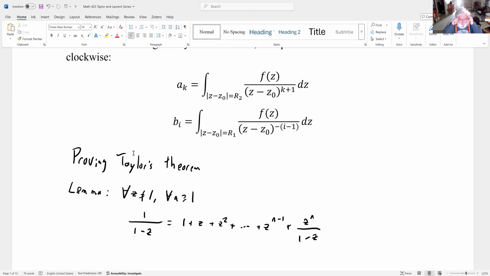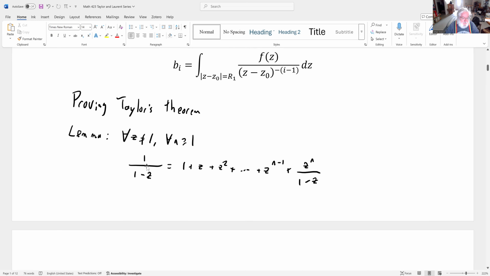You can prove that just by multiplying both sides by 1 minus z and getting it to work. Remember that you can't have z equal to 1 because it gives us 0 in the denominator. And this works for any n that you want.